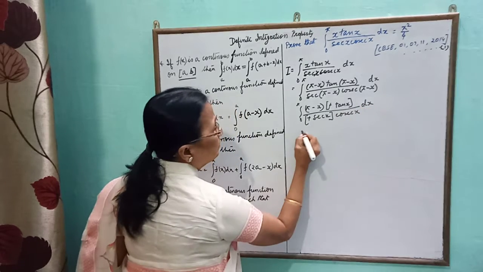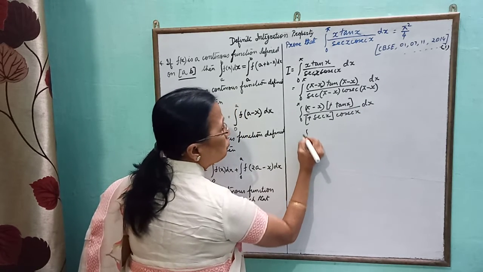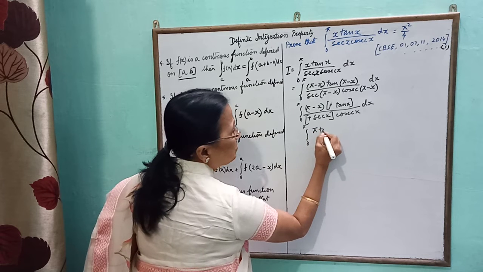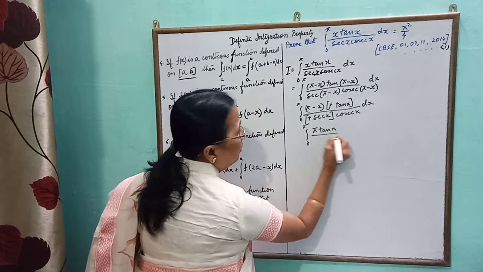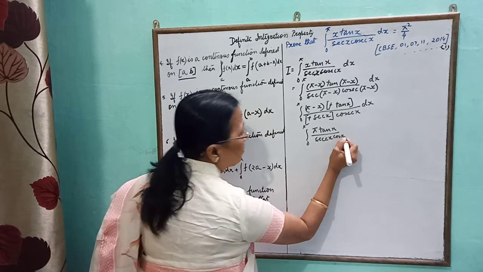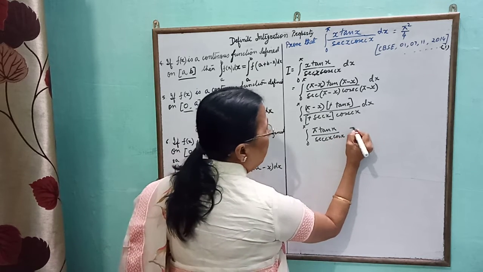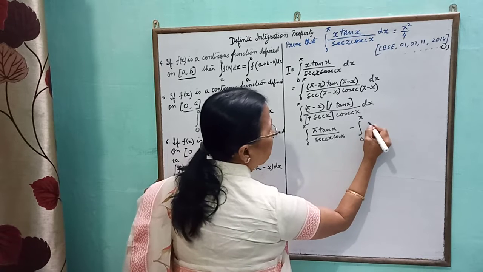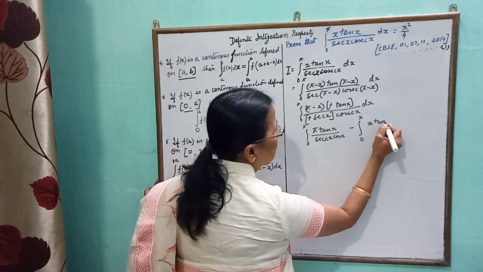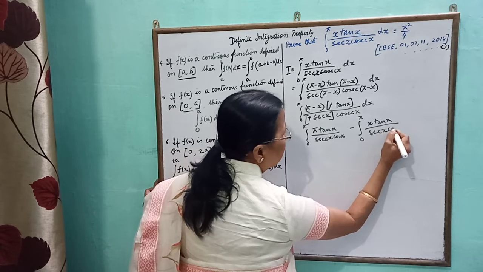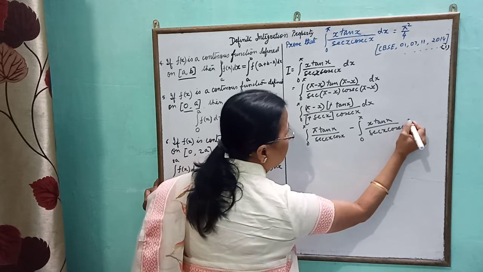So I can write this as integral 0 to pi of pi tan x divided by sec x cosec x, minus integral 0 to pi of x tan x divided by sec x into cosec x dx.